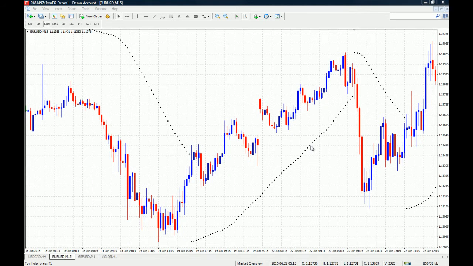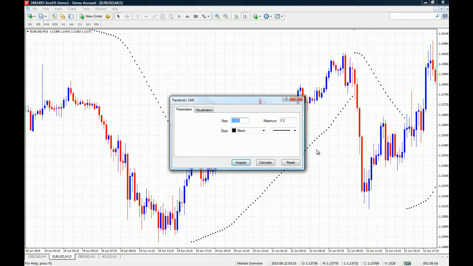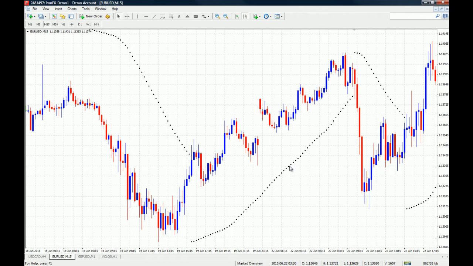Let me show you first of all the parameters that we are going to use to trade this strategy. We are going to use a 0.005 step and a maximum of 0.2. This will give you a parabolic SAR that looks like this.